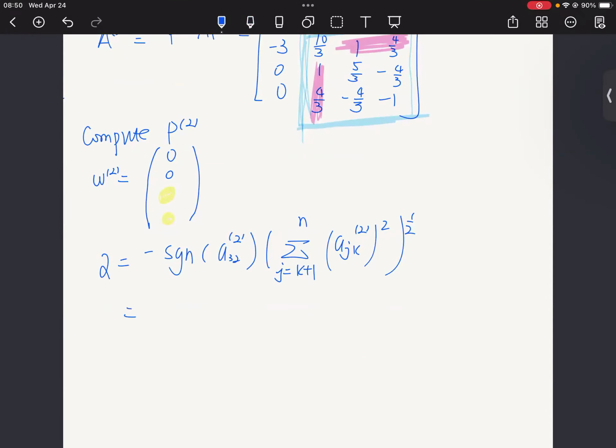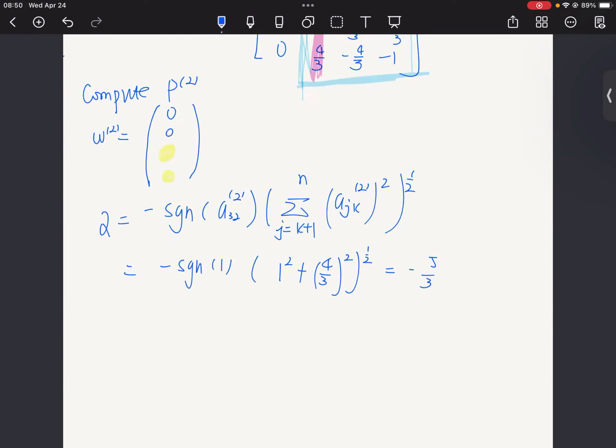This time I just get the sign, then 1, then the sum of 1 squared, and then 1/4 squared, then the square root, and I got -5/3. This is just a side product. Then I got R, where R equals 1/2 alpha squared minus 1/2 A32 times 2.